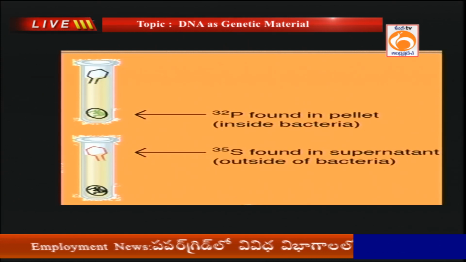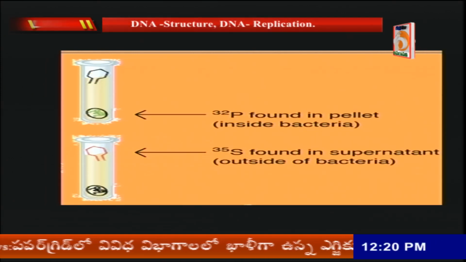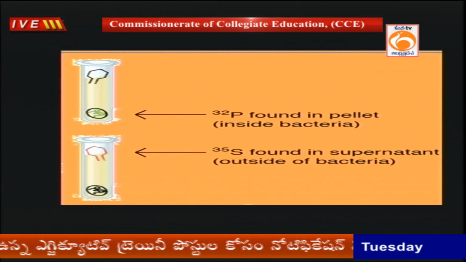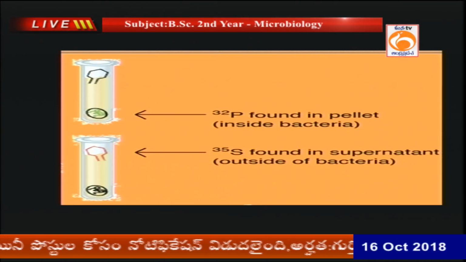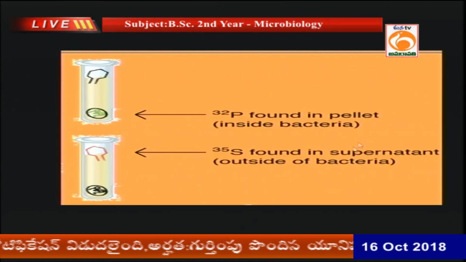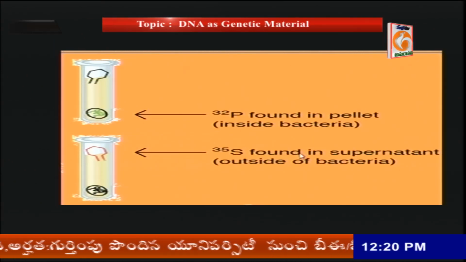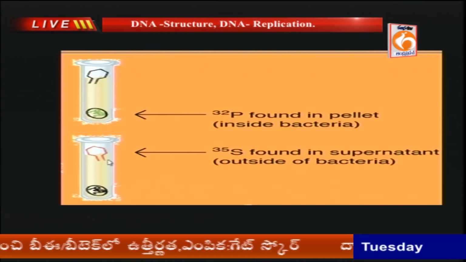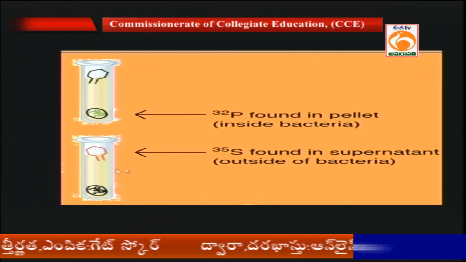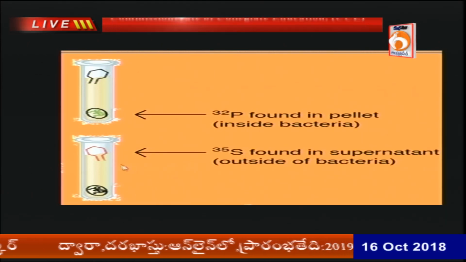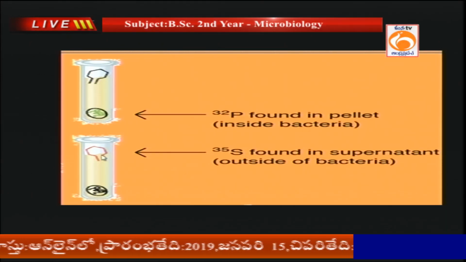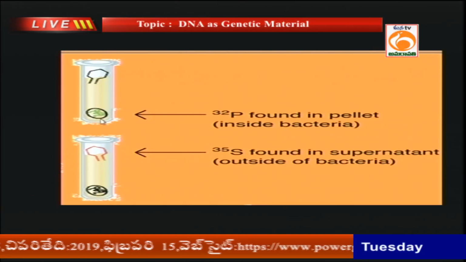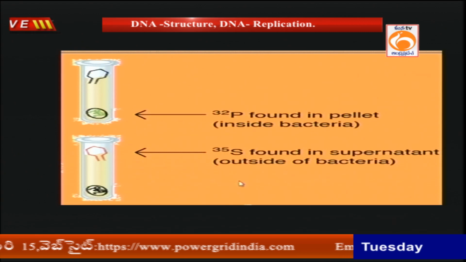That means radioactivity was inside the bacterial cells. But in case of viruses that were treated with sulfur 35 radiolabeled viruses, radioactivity was outside the host cell. That means after centrifugation, smaller viruses remained in the supernatant, but the bacterial cells formed at the bottom of the centrifuge tubes.